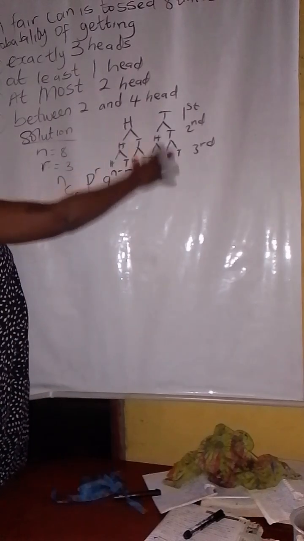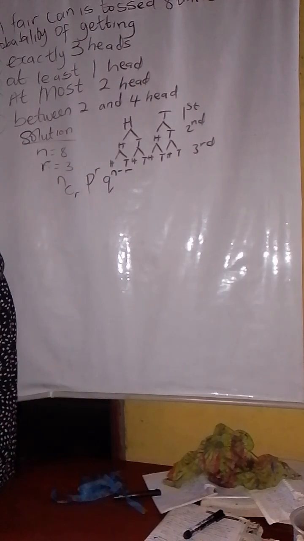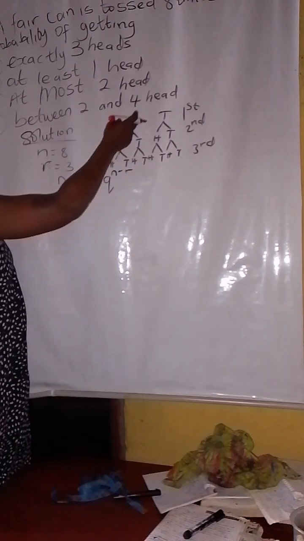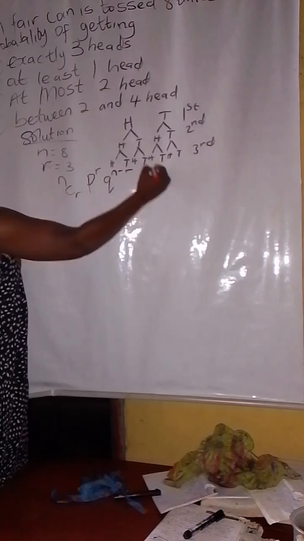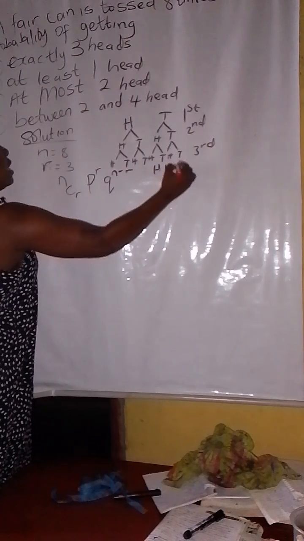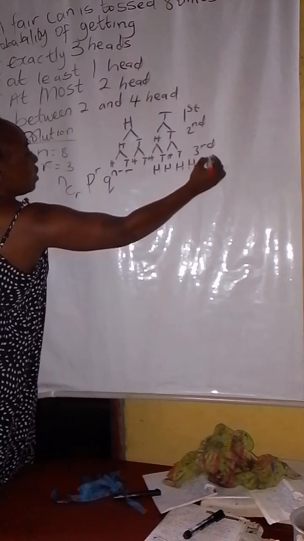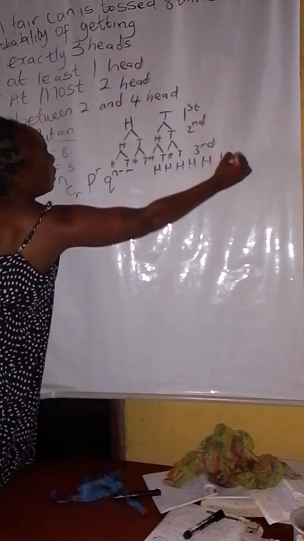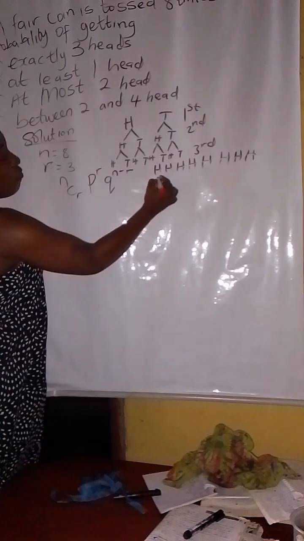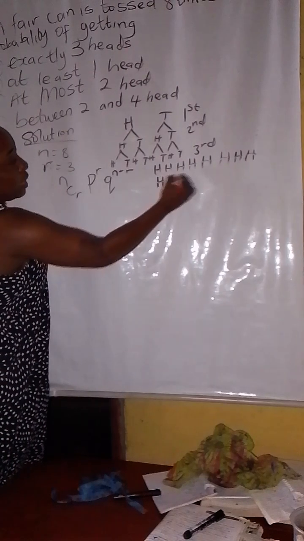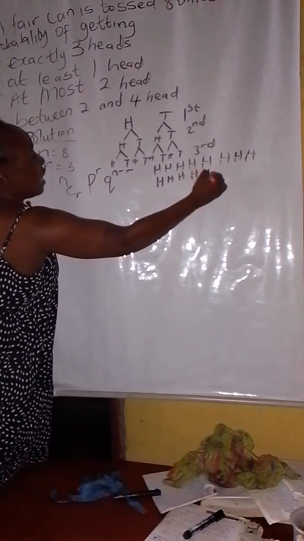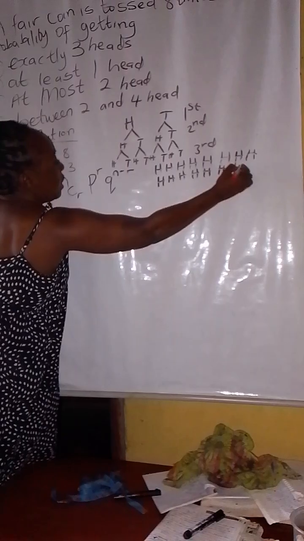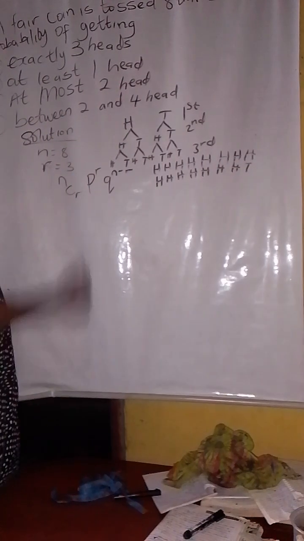You can do this too: you draw it to the 8th and start counting H. You get to 8: 1, 2, 3, 4, 5, 6, 7, 8. That's the first possibility. You go for the next possibility. It is time consuming, so before you list everything out, you just apply this formula.